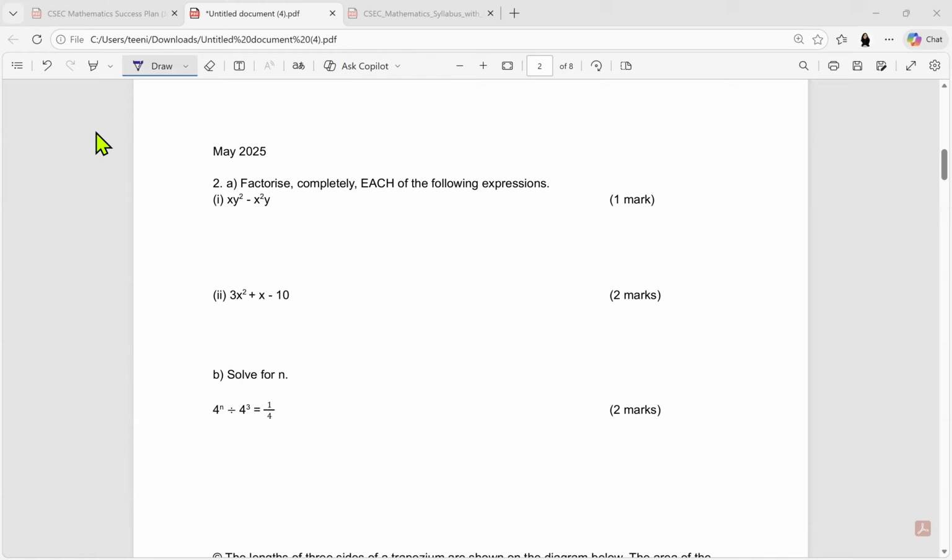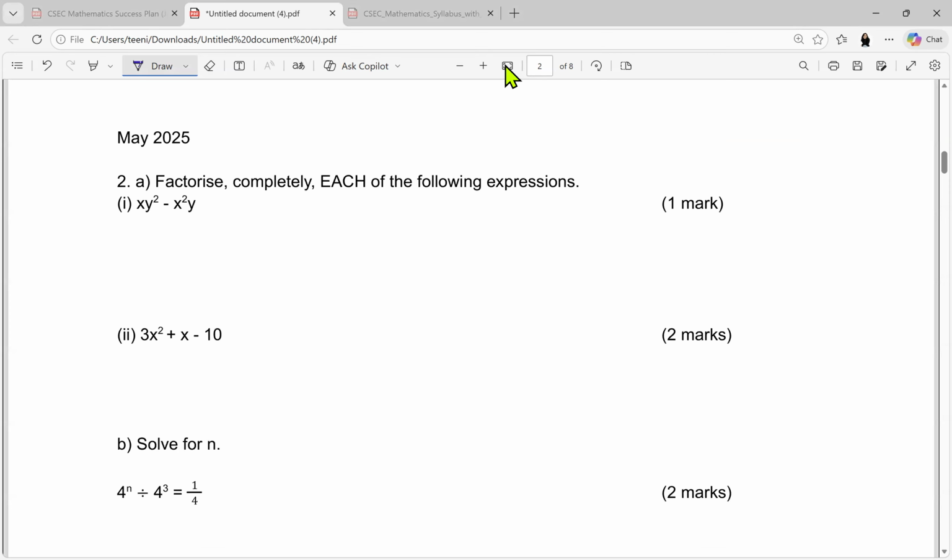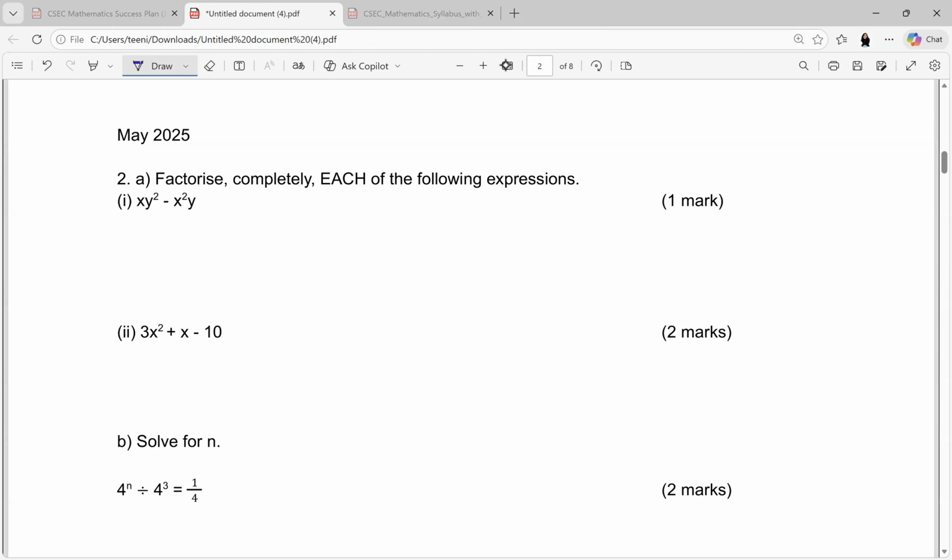Let's see, guys. So to factorize xy squared minus x squared y, we need to see what's the common factor in both of them, right? Now, just for your information, whenever you have indices, like let's say you have x squared, x cubed, the highest common factor among all of those will be the one with the lowest power.